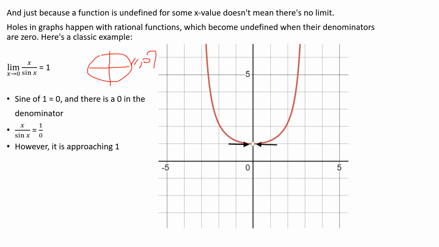So the sine of 0 is 0. So it can never be 0. But it can approach from both ends, and it is approaching 0 from both sides. So this is a limit. So the limit of x over sine of x at 0 is equal to 1. It's approaching both ends.